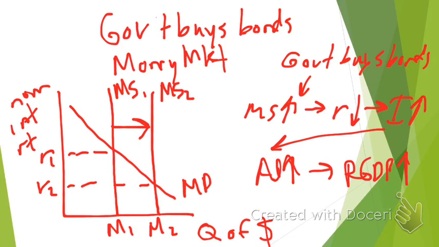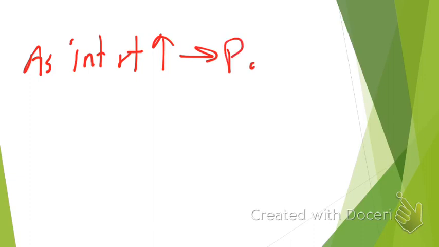Okay. All right, now something else I want to note. We've talked about this, but let's review it. As interest rate goes up, what happens to the price of bonds? Interest rate goes up, price of bonds does what?